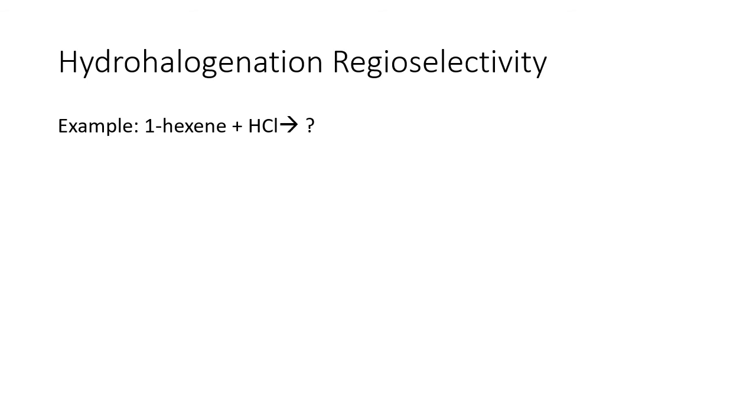If we have 1-hexene plus HCl, what's our product going to be? So if we draw 1, 2, 3, 4, 5, 6, and then 1-hexene means that the double bond is at position number 1, and we're reacting with HCl. So we know that our hydrohalogen is HCl, so we're going to add hydrogen to one side and a chloro group to the other side.